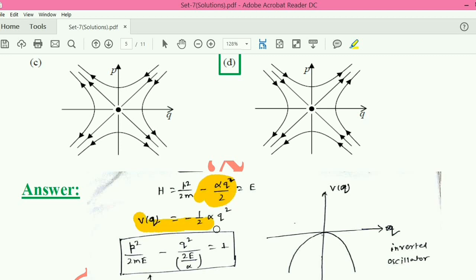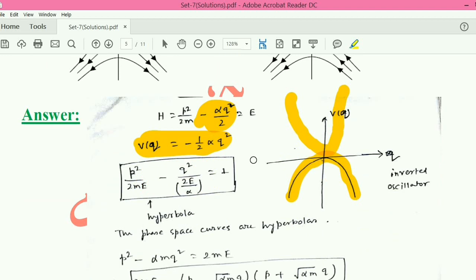We know the potential for plus half k x square is a parabola, but a minus sign is there, so it is an inverted parabola. So we got the form of the potential.